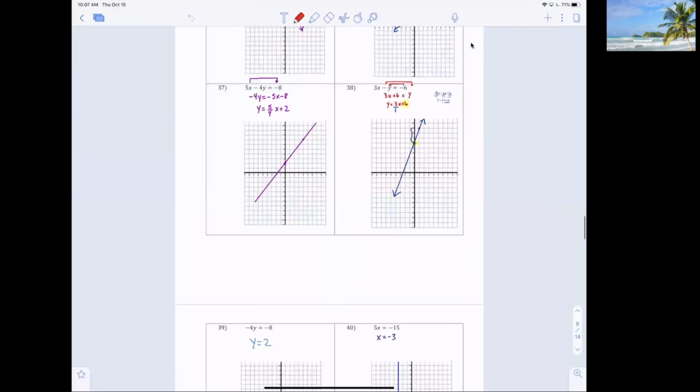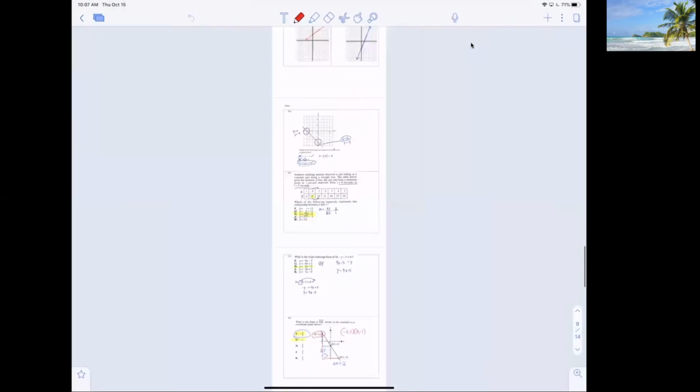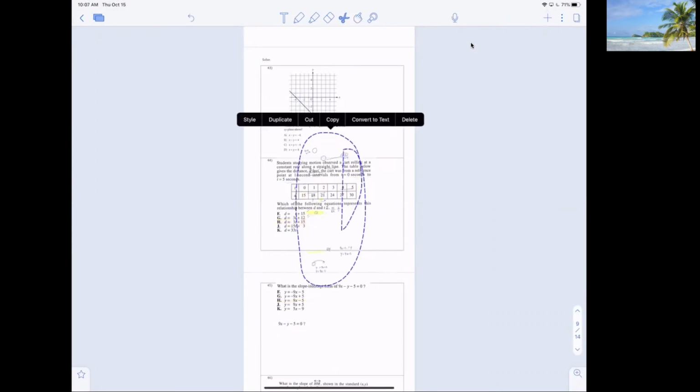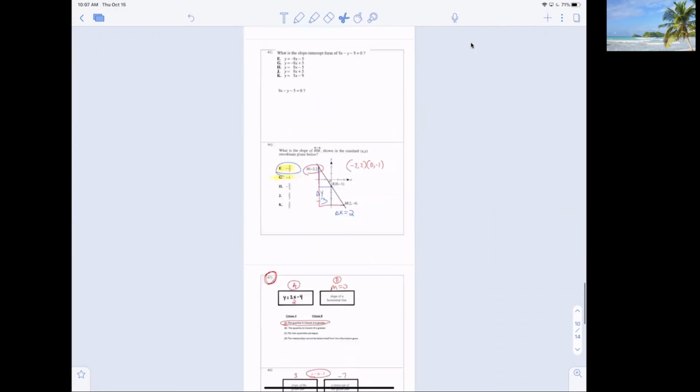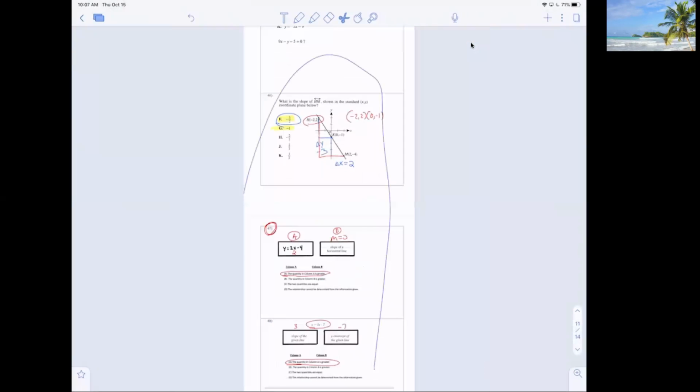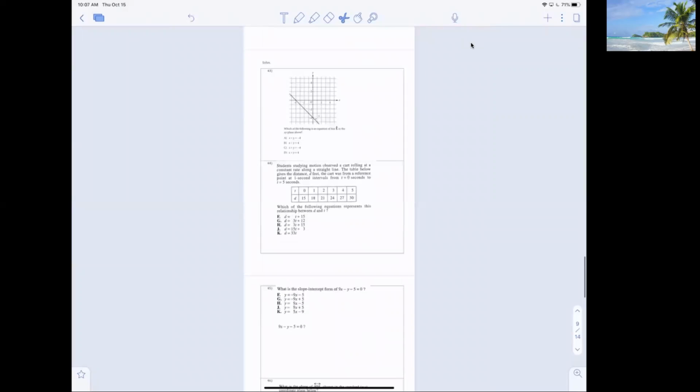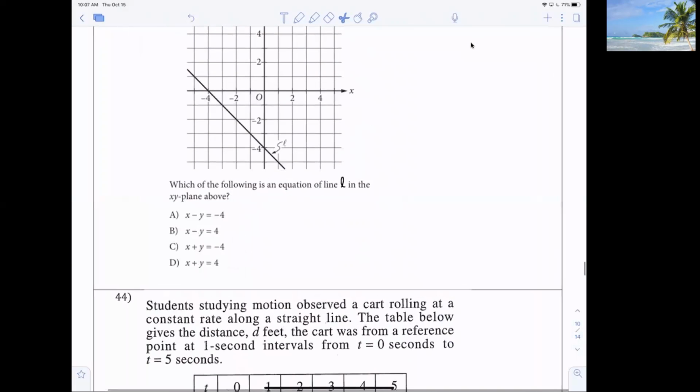Okay, so what I want to do is just review this. And again, on the test tomorrow, there's like 4 or 5 SATs. I forgot I did them all together.